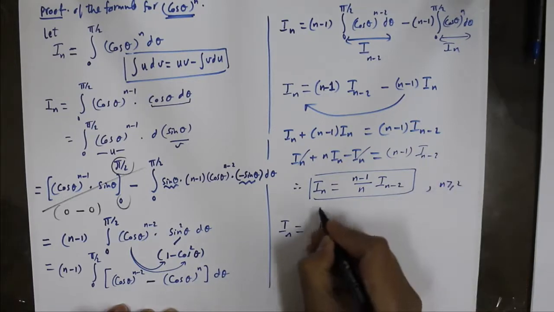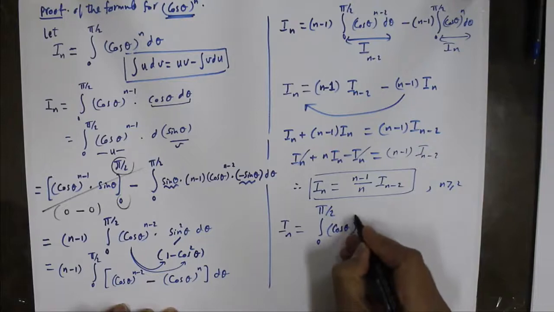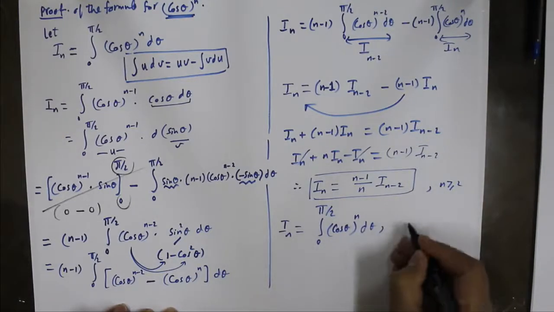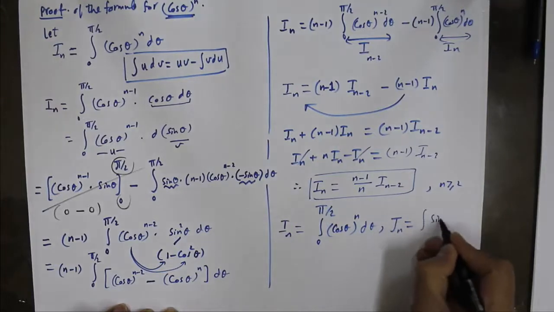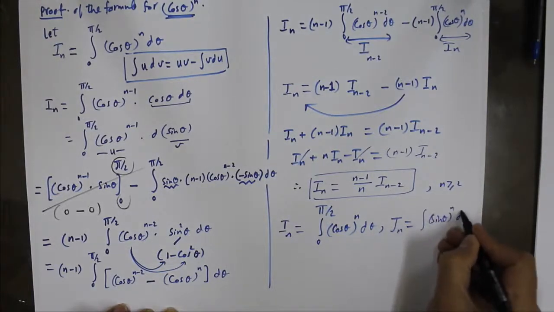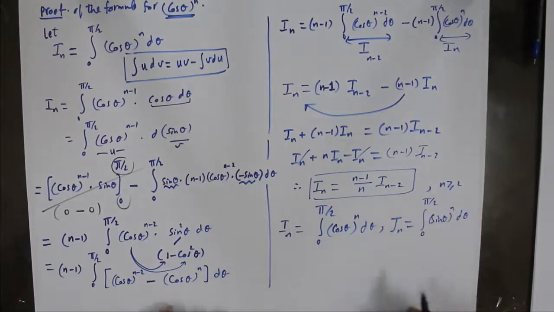This is a valid relation for the integral from 0 to pi over 2 of cosine as well as sine. This is the same, J_n, they are the same. This is sine theta power n d theta from 0 to pi over 2. This will facilitate our calculation of such integrals.